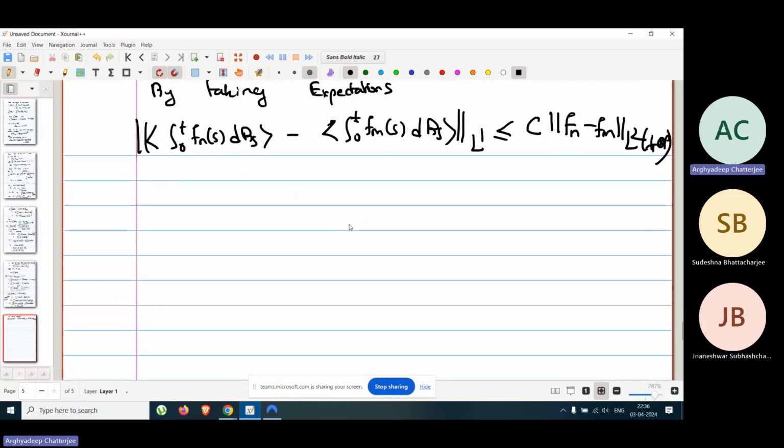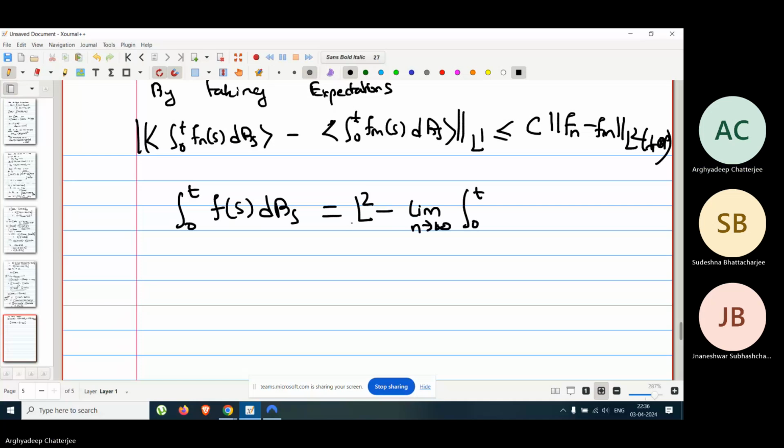Basically we have that the integral from 0 to t of f dB_s was the L2 limit of the integral of f_n dB_s. Since we have convergence in L2 of this to this, we have convergence in L1 of the square, right? The integral from 0 to t of f dB_s.